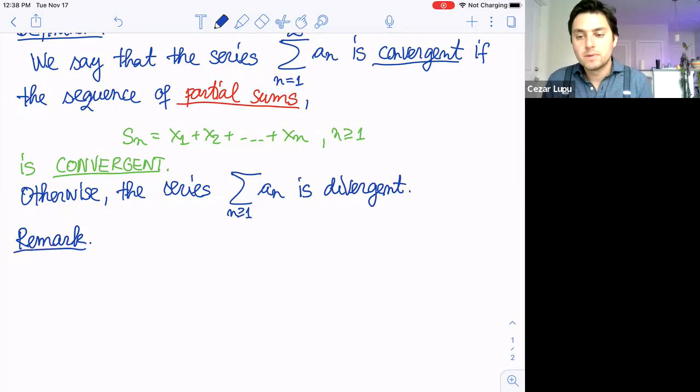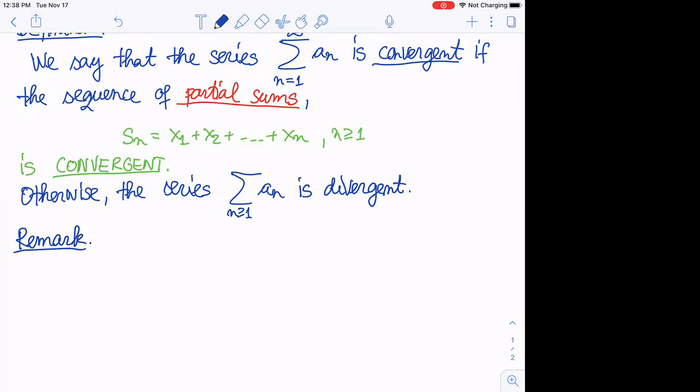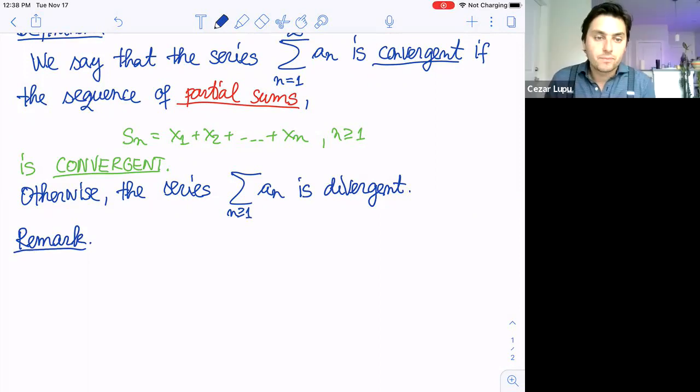If the sequence Sn, the sequence of partial sums, is convergent, it will converge to some number. The limit of Sn will be nothing else than the sum of the series.